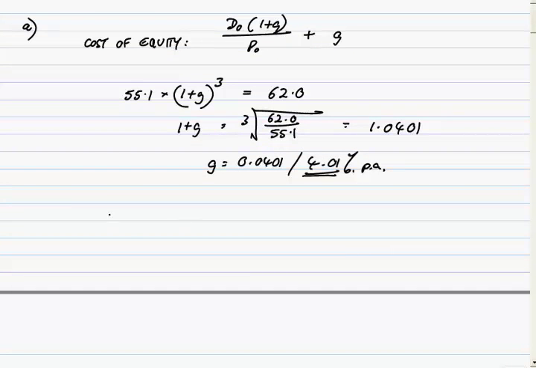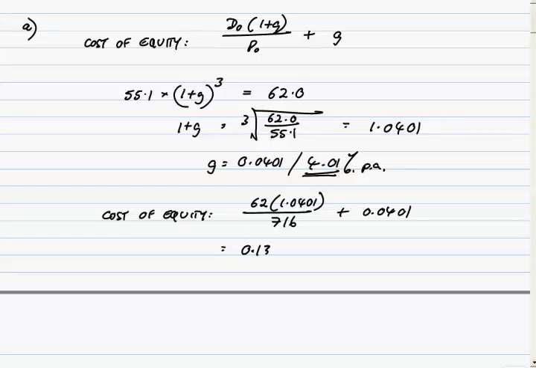Let's stick it now in the formula for the cost of equity. D0, the latest dividend, the current dividend, I'll do it all in cents, is 62, times 1 plus g, 1.0401, divided by the market value, 716, I'm working in cents, plus the growth rate, gives me 0.1302 or 13.02%.